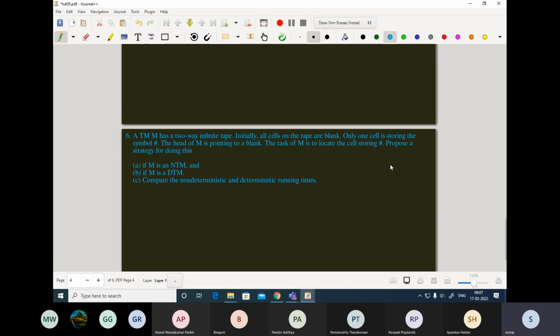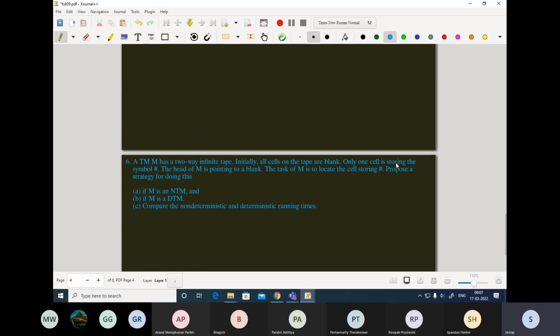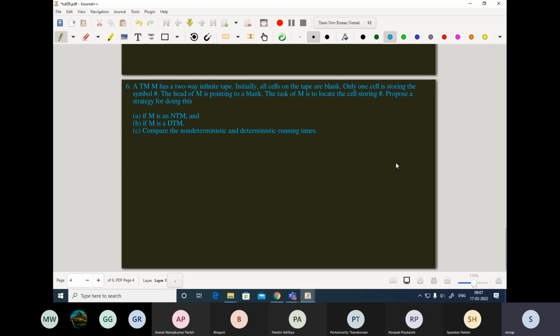Okay, so there are 2 questions. I leave this one. This is a little bit technical. For the 6th question, now you have a Turing machine that has a two-way infinite tape. You're starting at some position. All cells are blank, this is a special variant, except for one position which has a hash symbol.